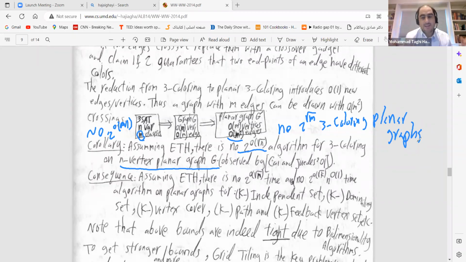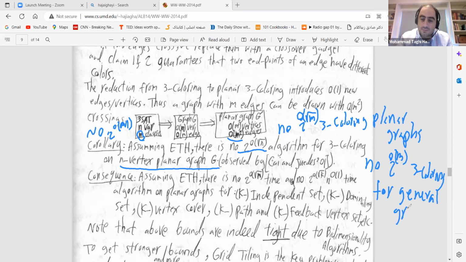So what's the meaning of that? The meaning is that for general graphs, there is no 2 to the little o of m algorithm for tricoloring.